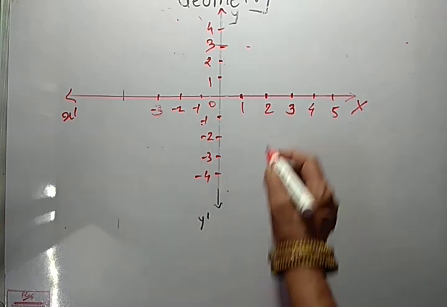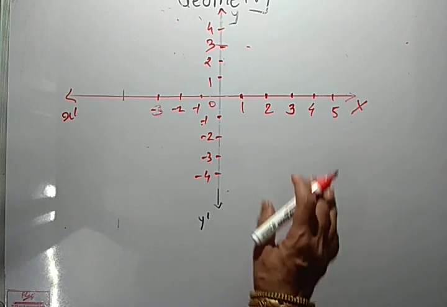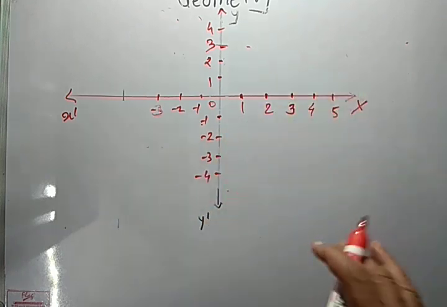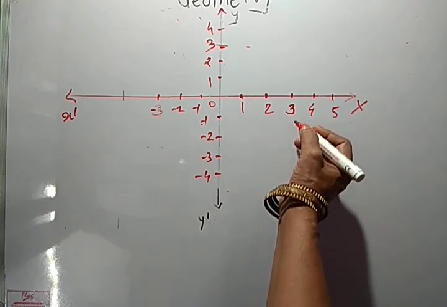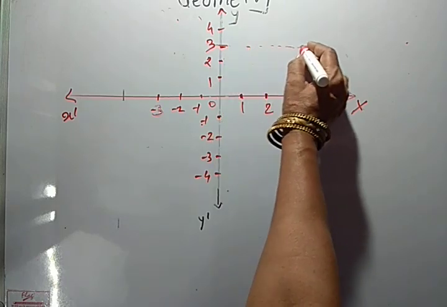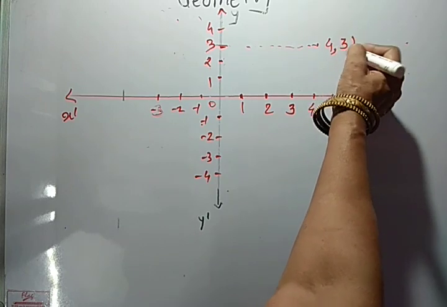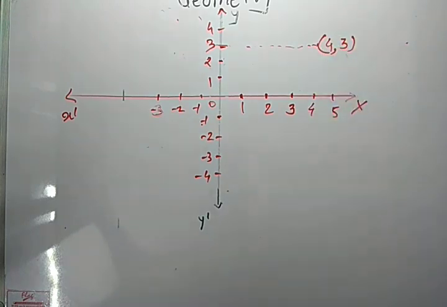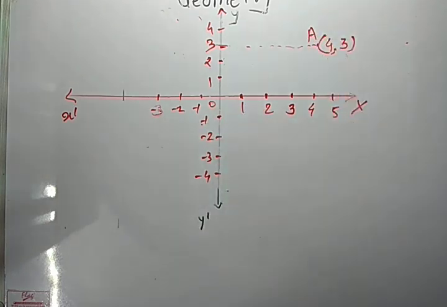Now let us see. Suppose a point is neither on the x-axis nor on the y-axis nor on any line parallel to the x or y-axis. For example, suppose I take a point 4, 3. I want to find the distance of point A 4, 3 from origin.